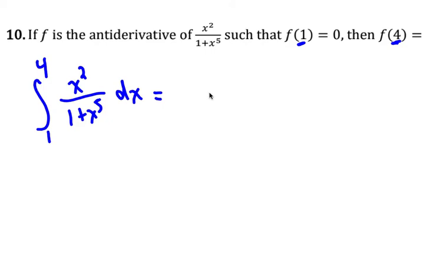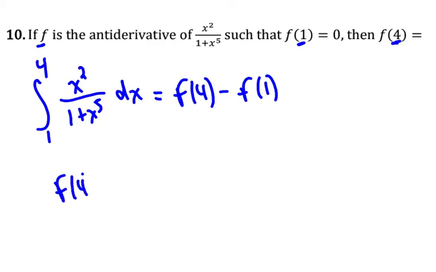Good? So this is equal to f of 4 minus f of 1 by the fundamental theorem of calculus, right? Because if we're doing this, that's equal to the antiderivative, which we're told up here is little f. So that's equal to f of 4 minus f of 1, right? We're trying to solve for f of 4.